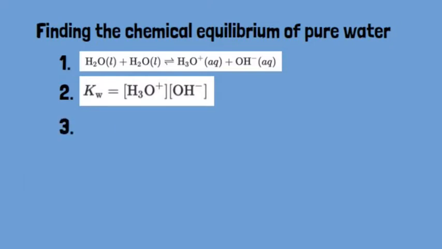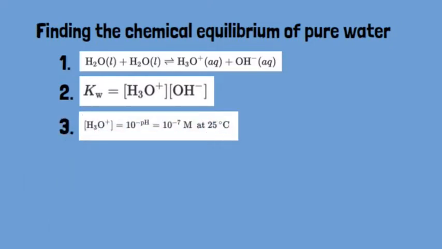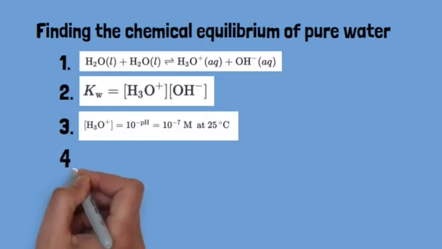The third step is inserting the equation. We can calculate the value of K at 25 degrees Celsius using H3O+, which is related to the pH of water. At 25 degrees Celsius, the pH of water is 7. Therefore, we can calculate the concentration of hydronium ions in pure water as so.